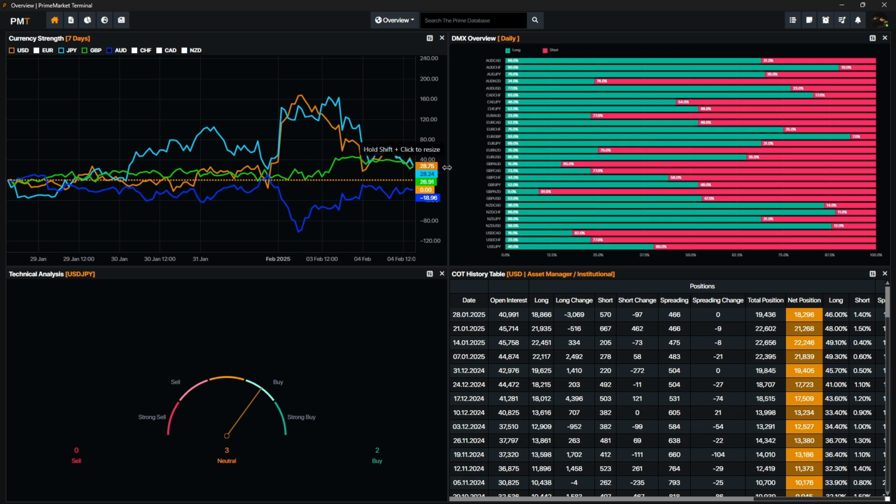And next you have the dumb money index. So as you know, retail traders are infamous for losing money, blowing accounts, and all that stuff. So you basically want to do the opposite of what retail traders are doing. So you can see that retail traders are very long the Aussie Swiss franc, they are 90% long.